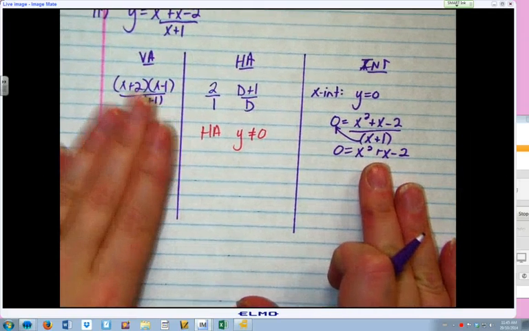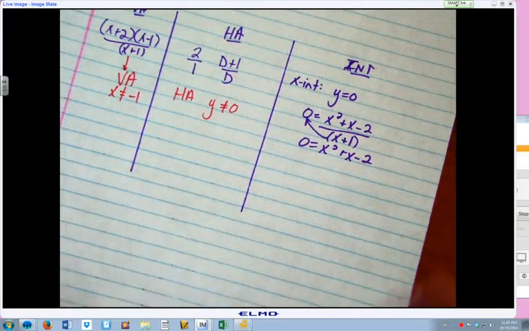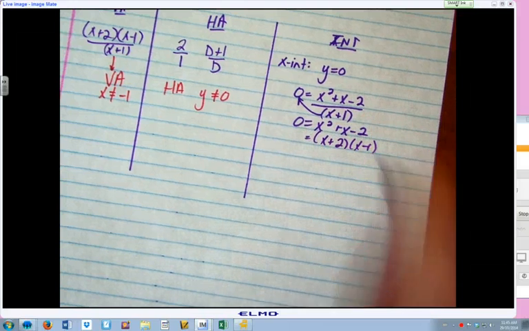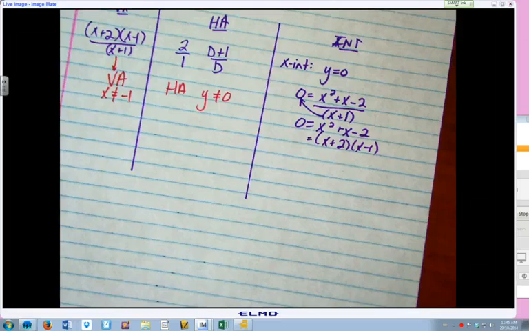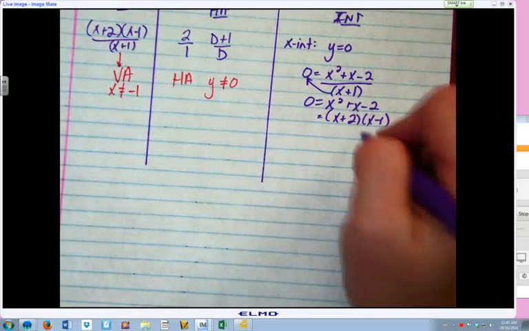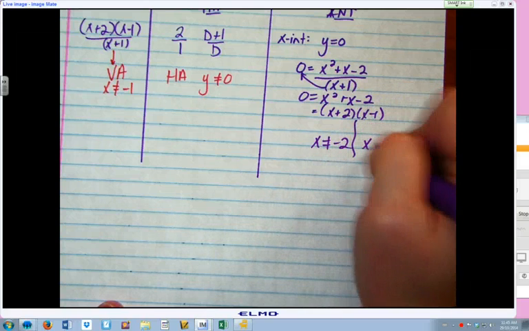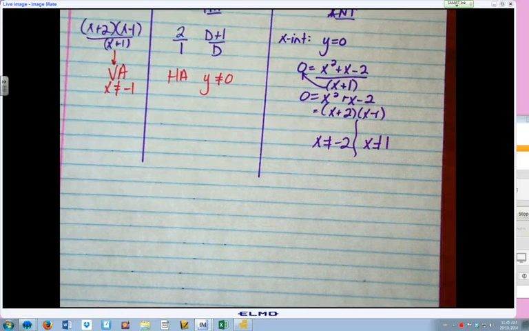What have we already done over here? So then there's no point doing another method over here because we've already done that work here. You could use the quadratic formula if you wanted to, but why would you do that? I have the answers: x cannot equal negative 2 and cannot equal 1.